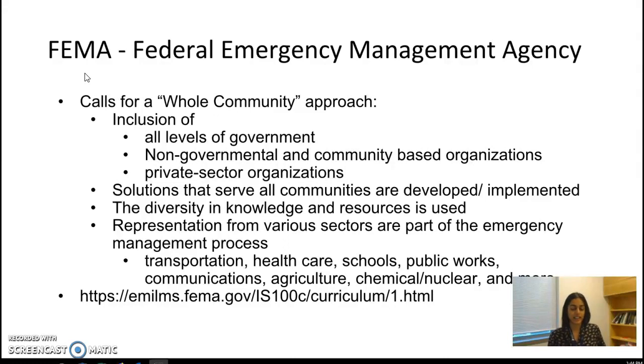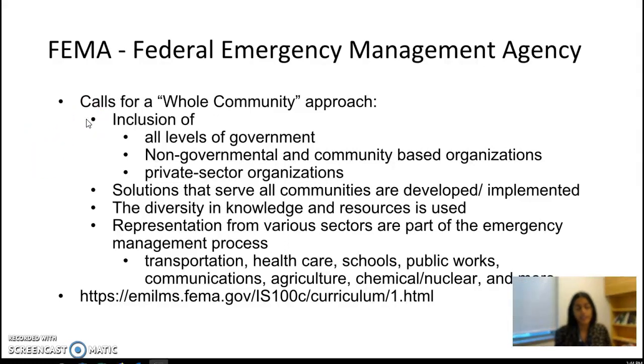So if you haven't seen that yet, check it out, and it gives you an idea of how this whole chain of command works and how the response can be coordinated by making sure people know who's in charge and what to do and who to report to and things like that.